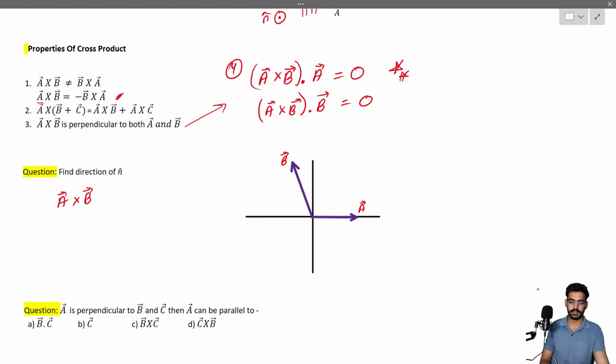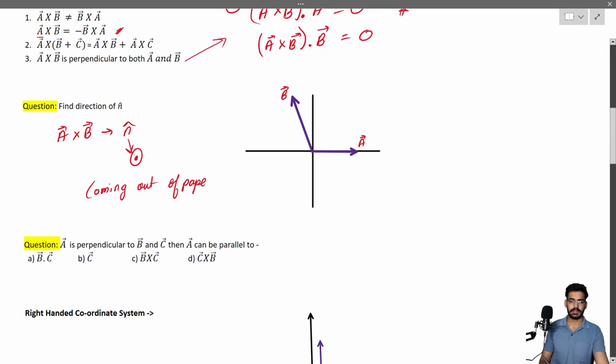Basically, where is the n cap direction? You apply the right hand thumb rule as in the previous example. First go with A, then B, so it is outside the paper, right? So outside the paper, coming out of the paper. By the way, this symbol is more than enough, okay, but still I am writing here.